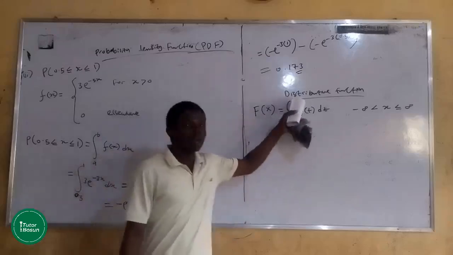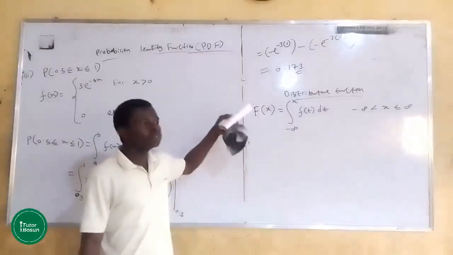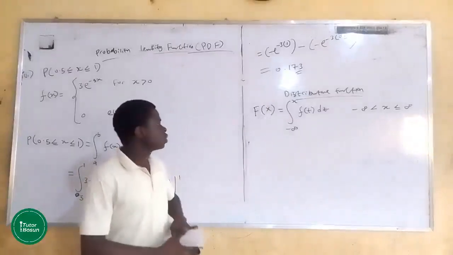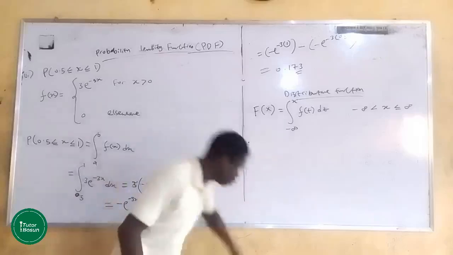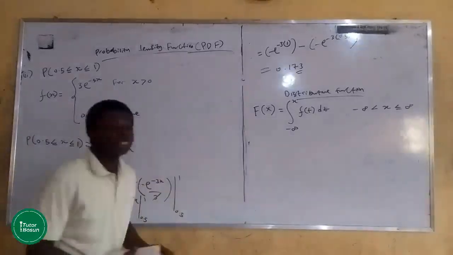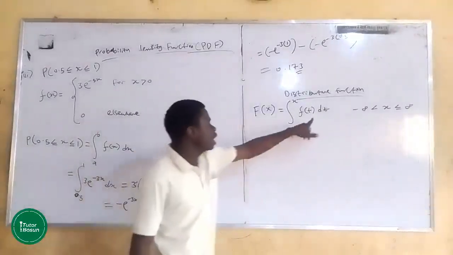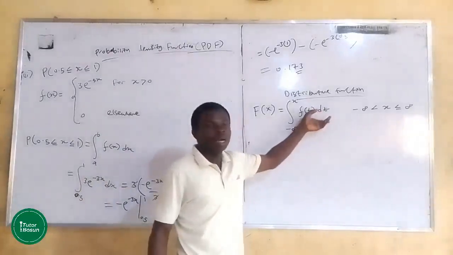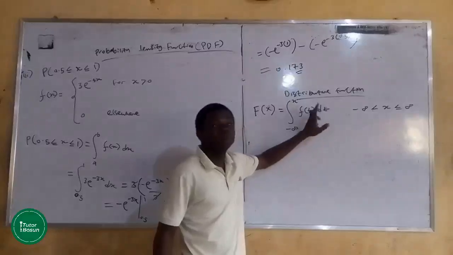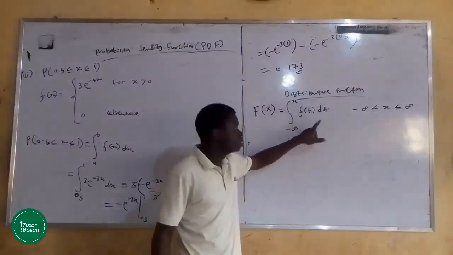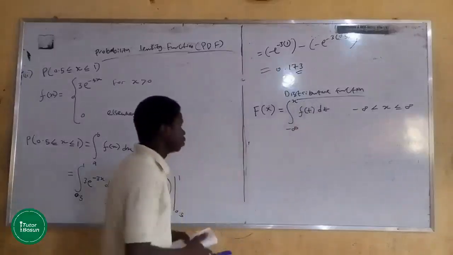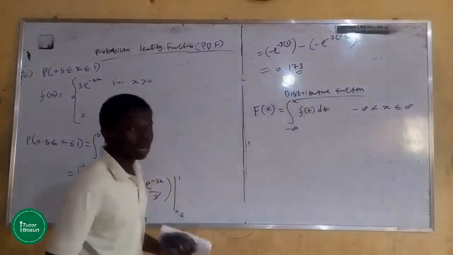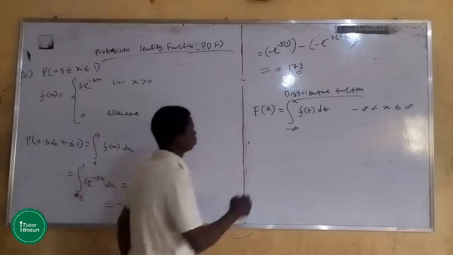Why are we having x here? We want the final function to be a function of x. That is why we bring another arbitrary variable t into the expression, so as to prevent confusion or mix-up.